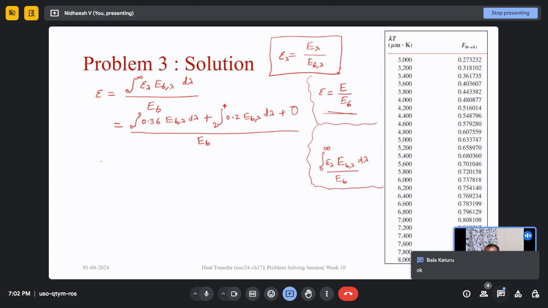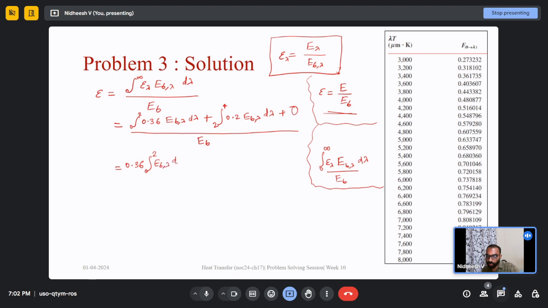Okay. Now this can be rewritten as 0.36 is a constant, let us take it out. 0.36 into integral 0 to 2 EB lambda d lambda divided by EB, plus 0.2 integral 2 to 4 EB lambda d lambda by EB. This is clear, right?